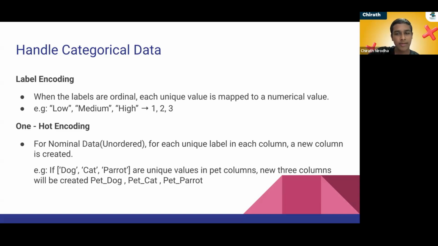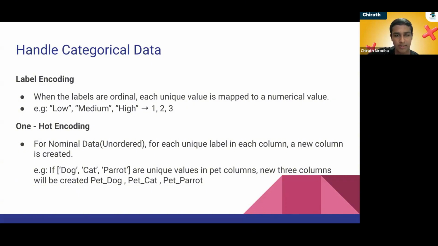We can't just map them into numerical values. In such cases, we can use one-hot encoding. In one-hot encoding, we create a separate column for each unique value or label in the column, and for the newly created columns, we just give Boolean values, true or false.